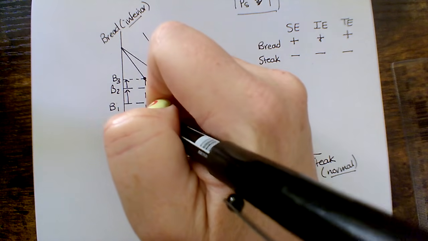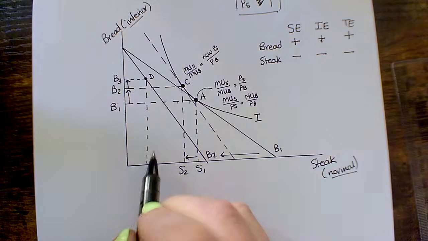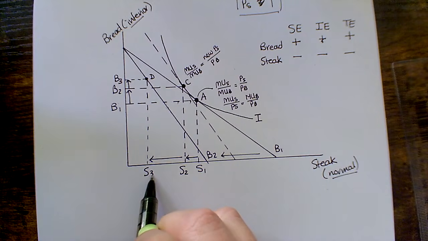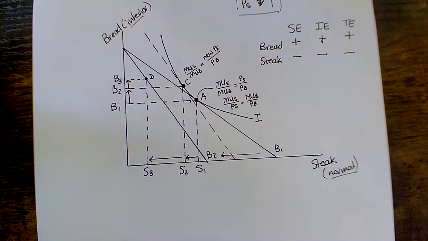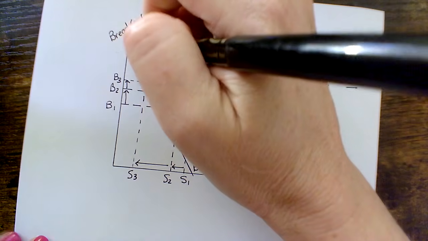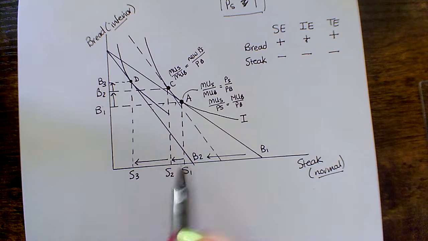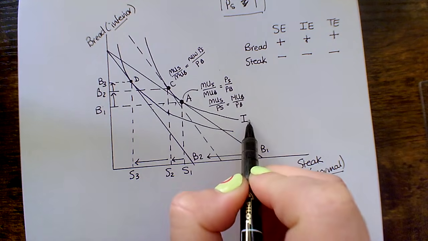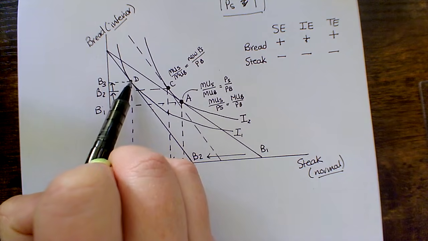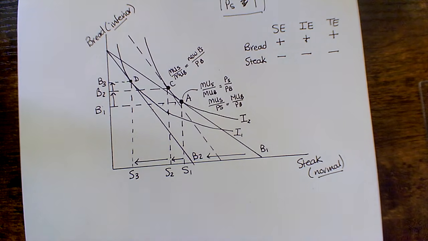For steak, it is negative. And that again agrees with what we reasoned. So the new best affordable point of this consumer has to be somewhere that agrees with the logic of how a consumer responds by consuming different amounts of inferior and normal goods when faced with different levels of purchasing power.